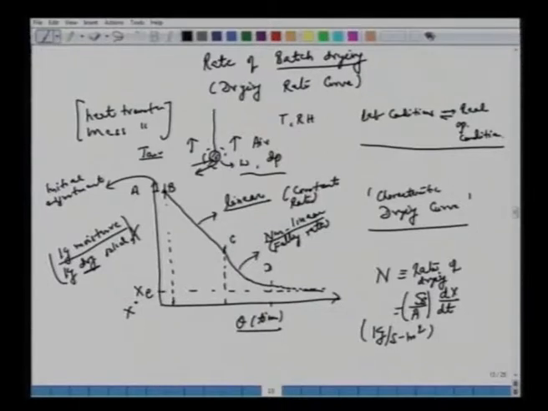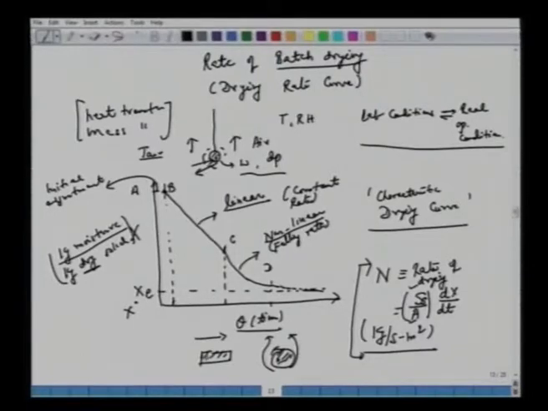SS is the initial weight, which is fixed, and A is the exposed area. Either you have a slab and you want to dry from here, or you have some air flow past a solid. The external exposed area is fixed.